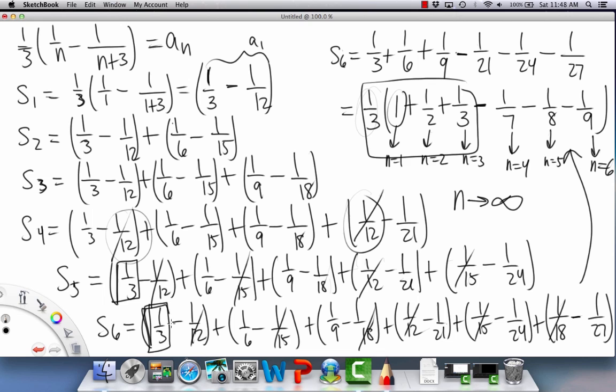I'm boxing the terms that stay in the series as n goes to infinity. These 3 are never going to be canceled out, okay? So that's the same as this, right? But as n goes to infinity, we're going to have more negatives added on. So we need to find a way to generalize these terms, okay? And I will do so on the next slide.